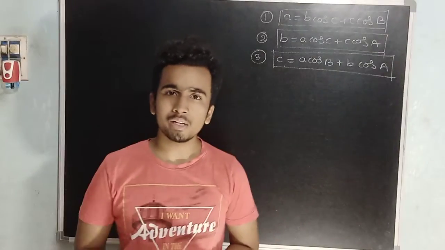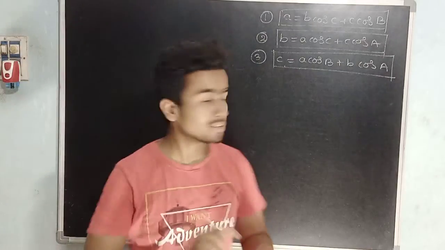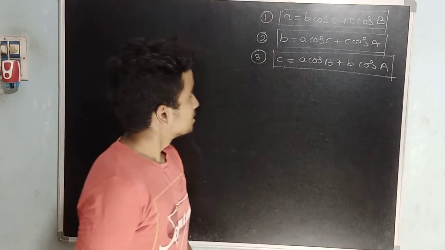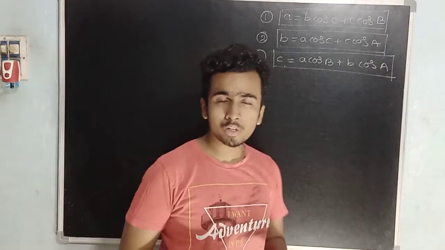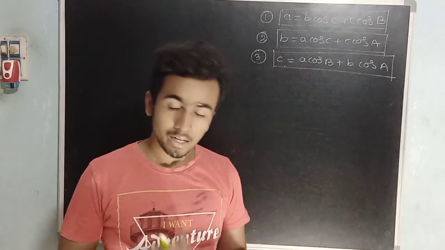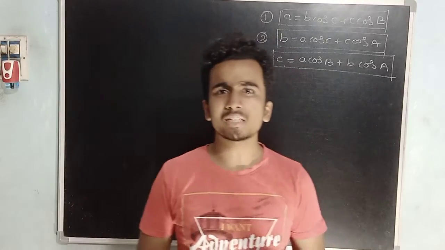First, we have covered area of triangle, second, sine rule, and third, these principles. These principles are going to be very useful in understanding further concepts. In mathematics, every concept is interlinked.